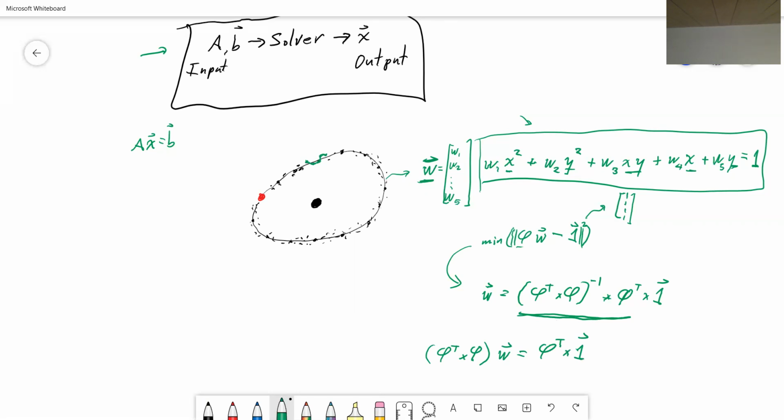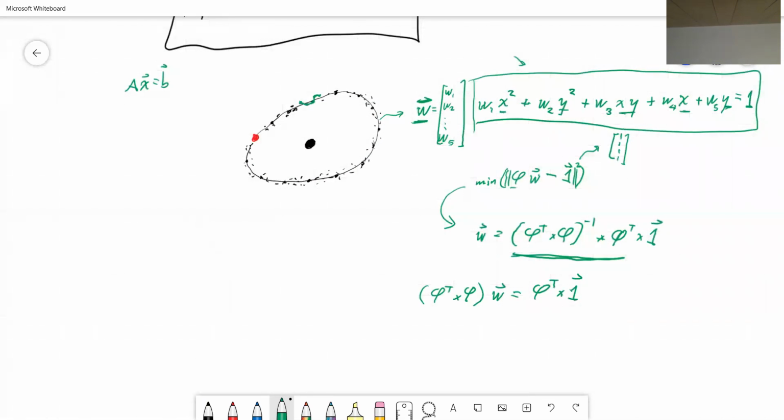I'm just doing some linear algebra in here. And this will be our matrix A.